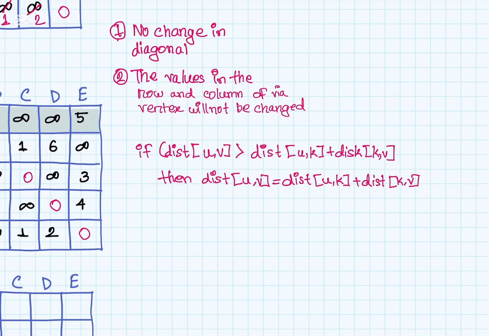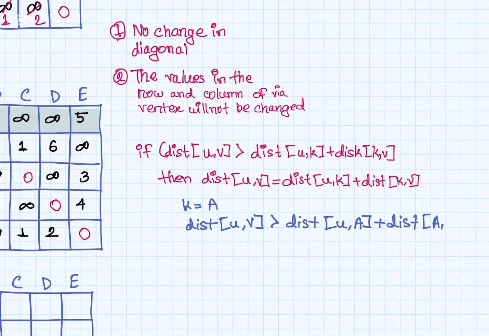For this trick, U and V can be any vertex and the via vertex K is equal to A. So the condition would look like this: dist of U, V greater than dist of U, A plus dist of A, V. If there is an infinity in the row of A, then dist of U, A would be infinity and nothing is greater than infinity.